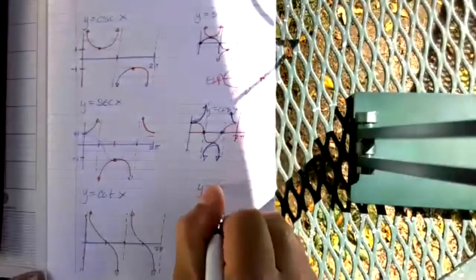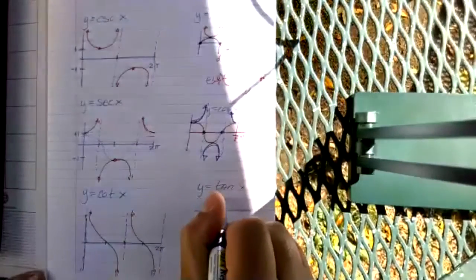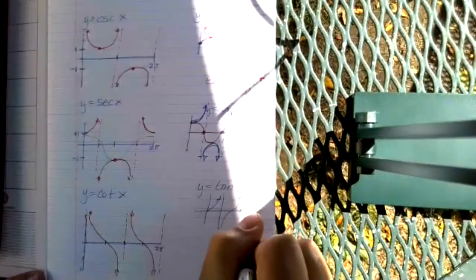Our y equals tan x. This isn't going to be so helpful, really. We could look at the unit circle. In this case, you're just better off memorizing what our cotan graph looks like. Our cotan graph, we could go around the unit circle and figure out these points.